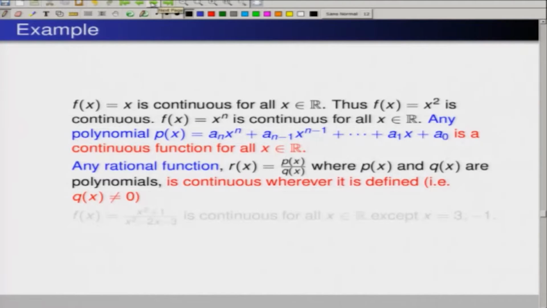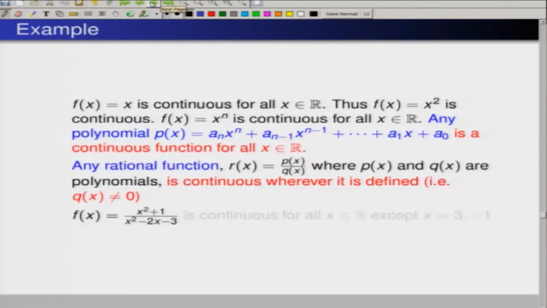So, any rational function, wherever it is defined, in the domain of its definition, is going to be a continuous function.